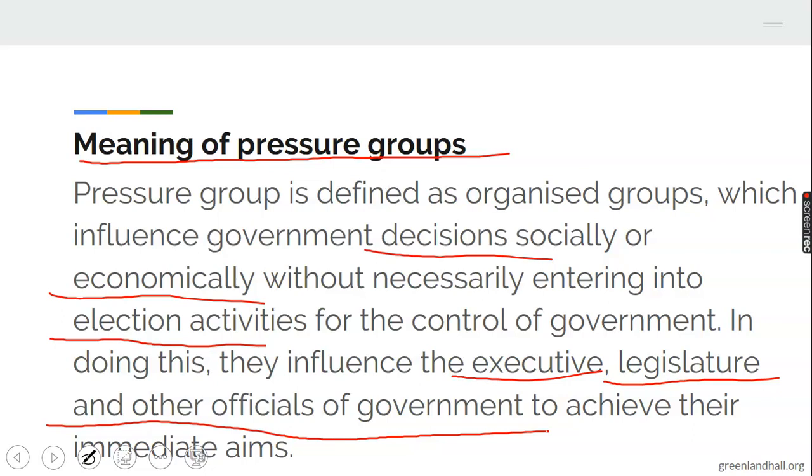And they are doing this by influencing the executive, the legislature, and other officials of government just to achieve their aims.